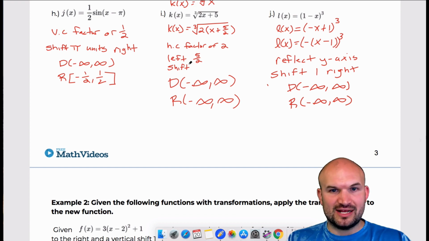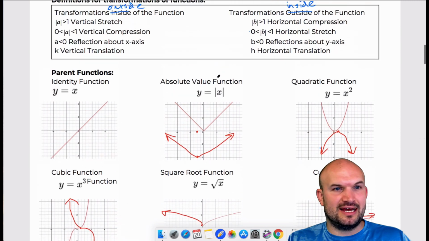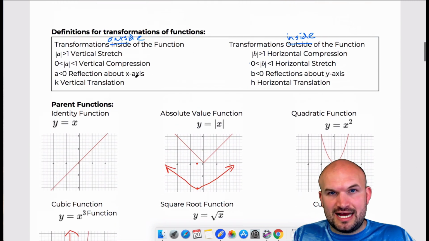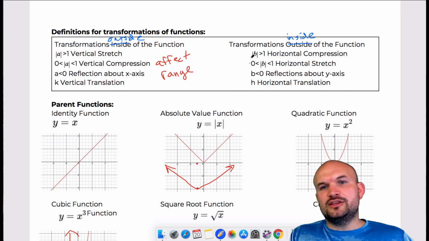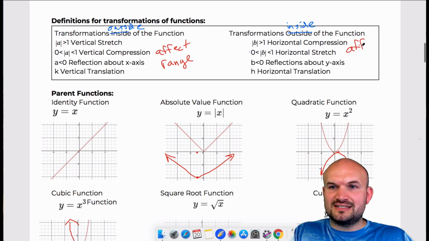And I'll probably write these down in my notes. I didn't add them onto this, but now that I've been teaching this, I see that I could add some things. So again, the transformations on the outside, those affect the range. The transformations on the inside, those affect the domain.